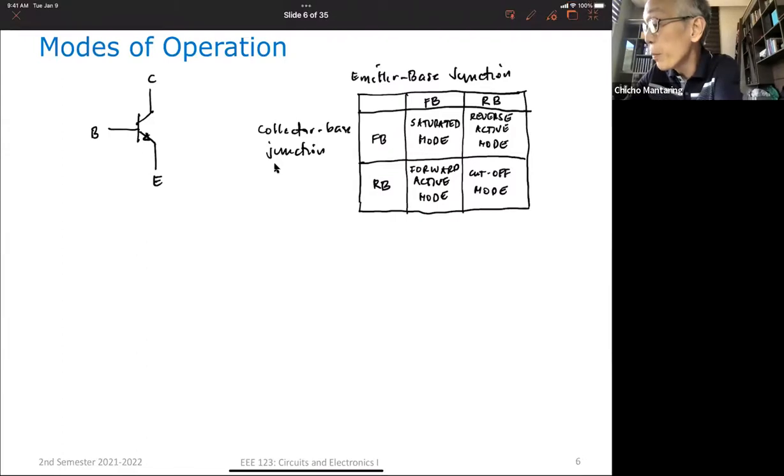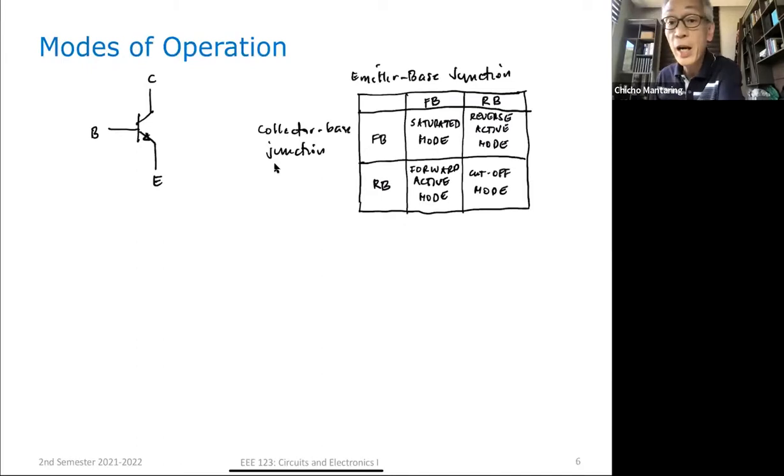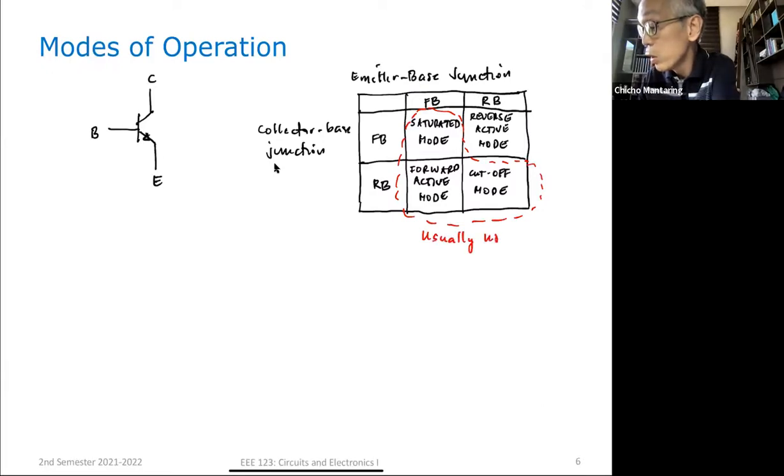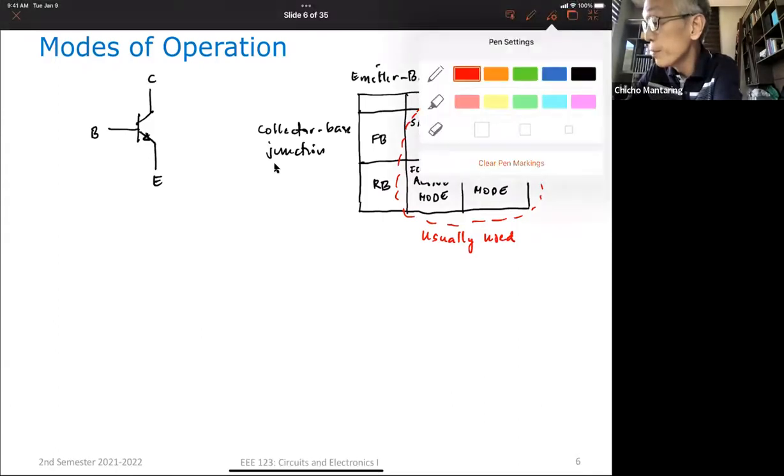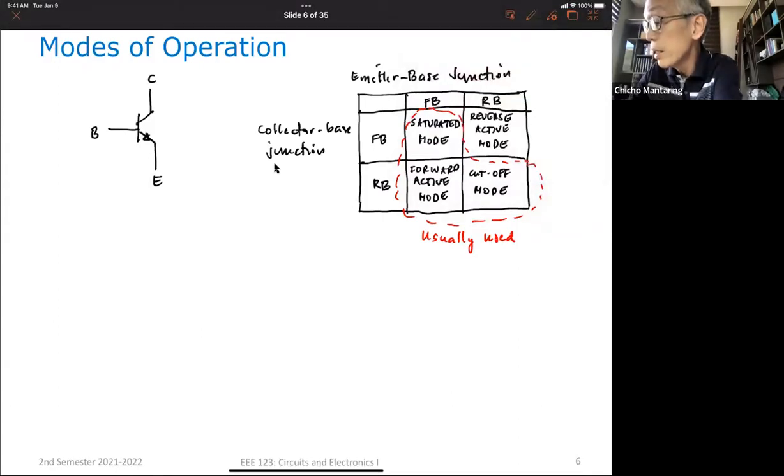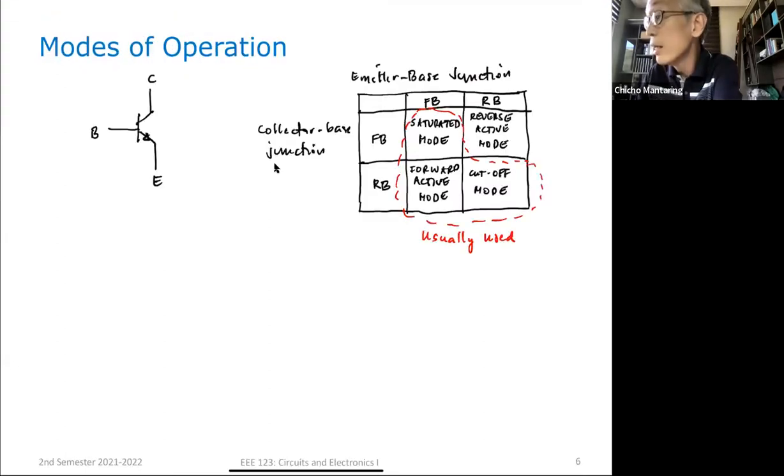Now, of those 4 modes of operation, usually only 3 are employed. So these three are the modes that are usually used. The reverse active mode is in reality not used.